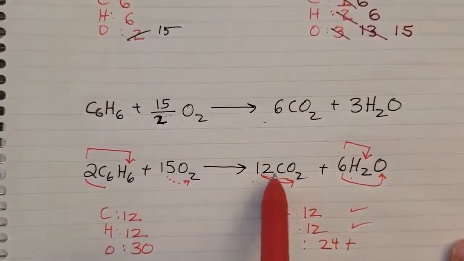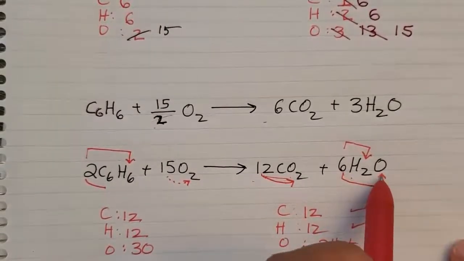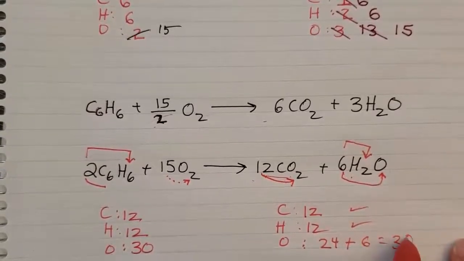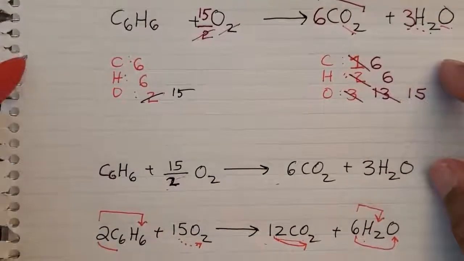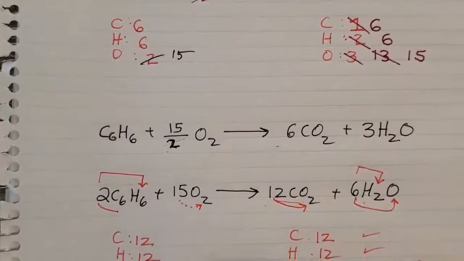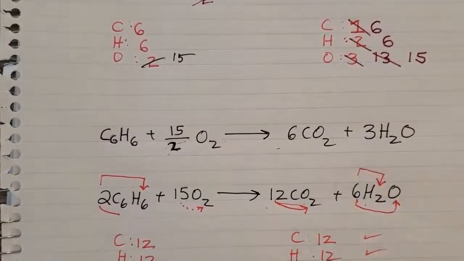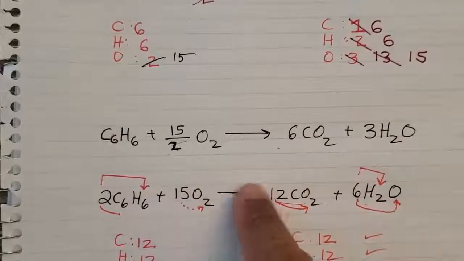So it's going to be 12 times 2 is 24 for CO2 oxygen, and 6 times 1 for oxygen here, so 24 plus 6. The answer is 30, and this is the balanced equation. So I threw that in here because sometimes you will get fractions, and when you have a fraction, it's always best practice to multiply the whole equation, like you do in an algebraic equation, by the denominator to clear the fraction.